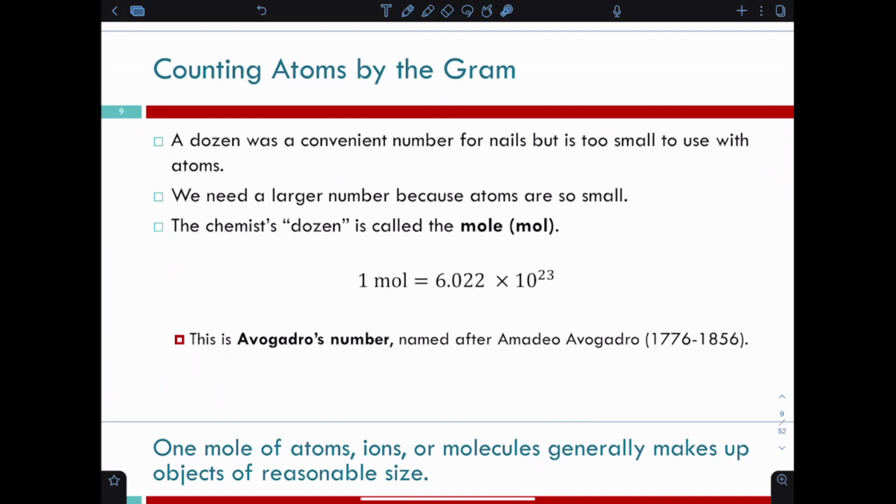1 mole means this number, 6.022 times 10 to the 23. So every time you see the word mole, that means 6.022 times 10 to the 23. Now, I will expect you to be able to convert between moles and individual atoms, but most of the time we're going to use moles without converting to atoms.